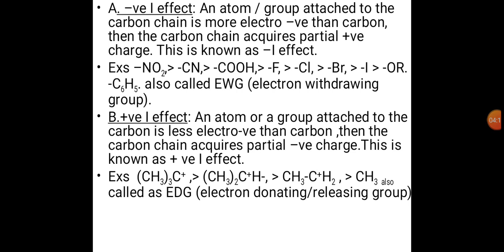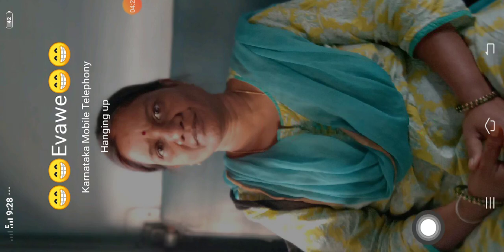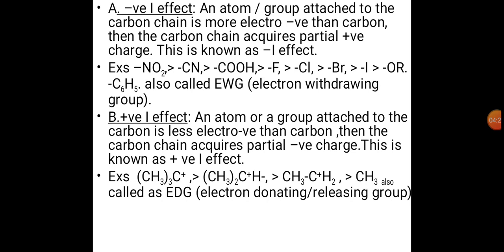The second type is the positive inductive effect. When an atom or group of atoms attached to the carbon is less electronegative than carbon, then the carbon chain acquires a partial negative charge.